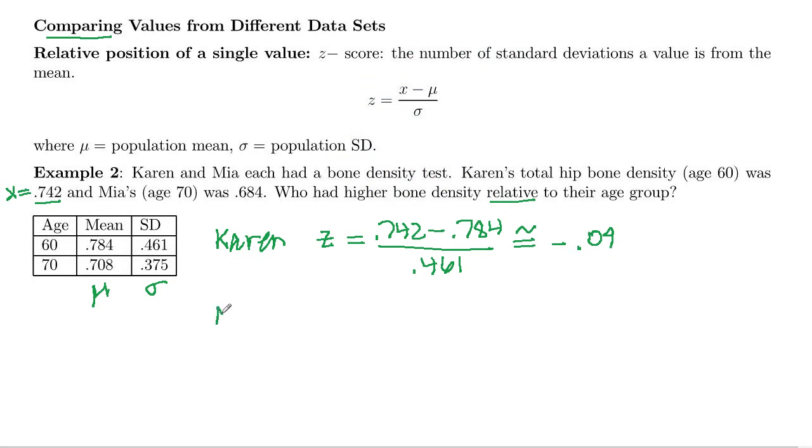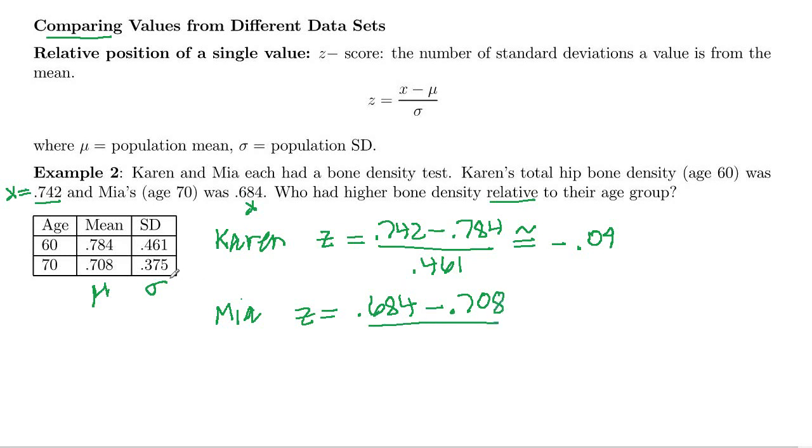Let's go ahead and do the same thing for Mia. Her z-score is going to be, well, her x value here was 0.684, and then the mean for her category is 0.708.